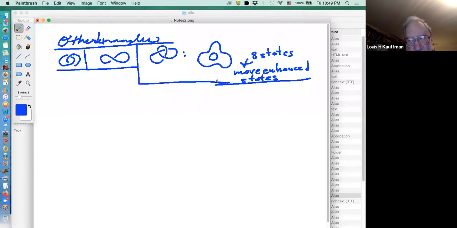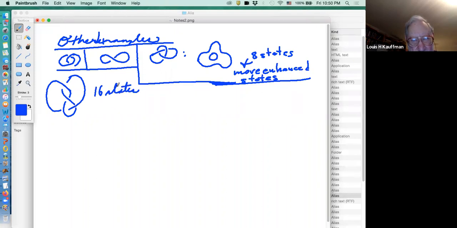After that, it starts getting in need of a computer, I'm afraid. The next simplest knot is the figure 8 knot, and this has 16 states, 16 main states, I would say, and more enhanced states.